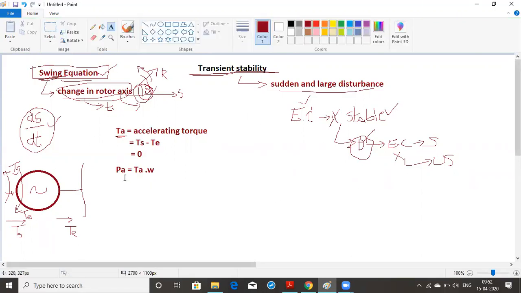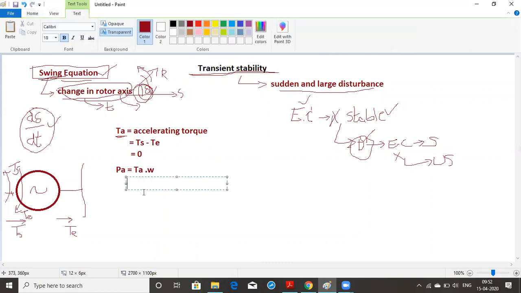We call this the accelerating power. I can also write this accelerating torque as the product of the moment of inertia, which you represent with I, into alpha into omega.